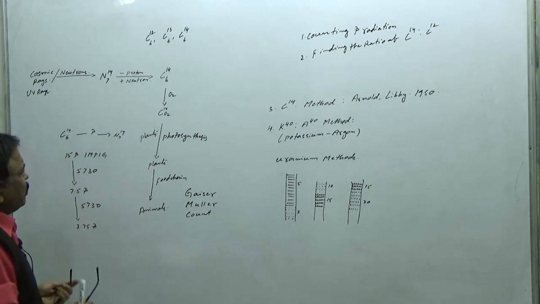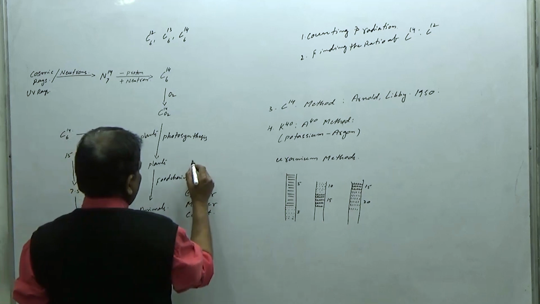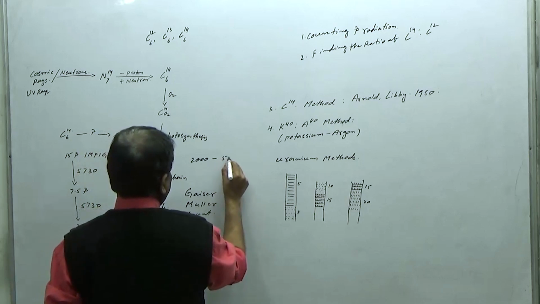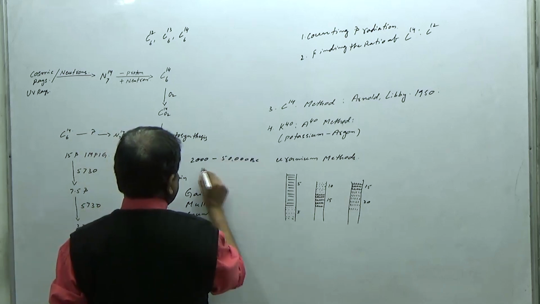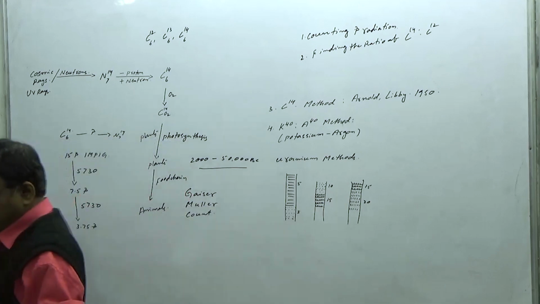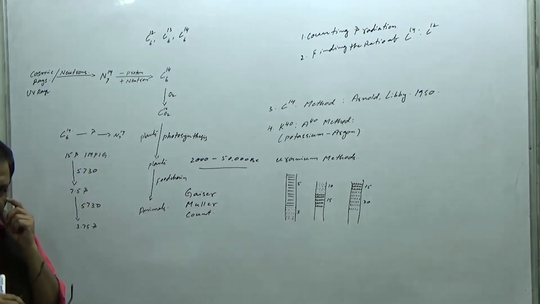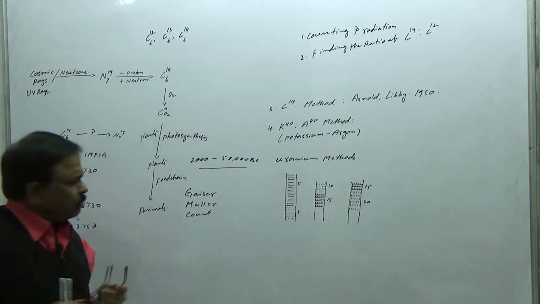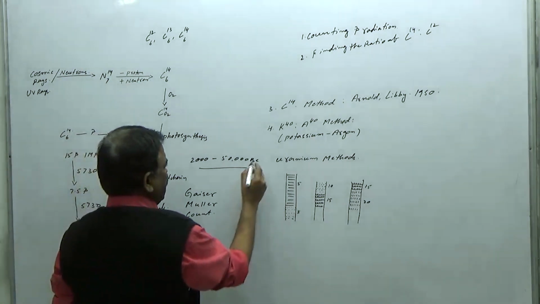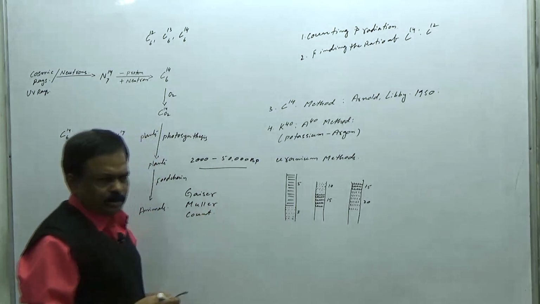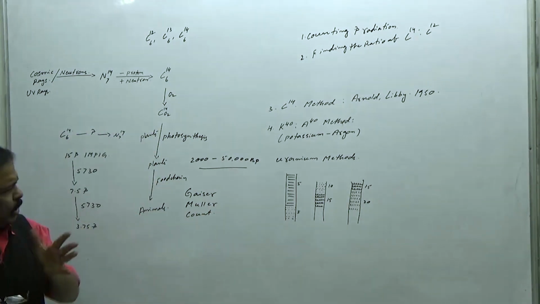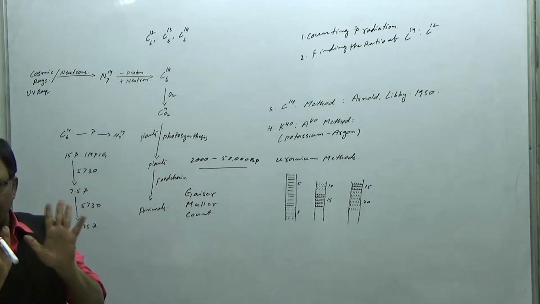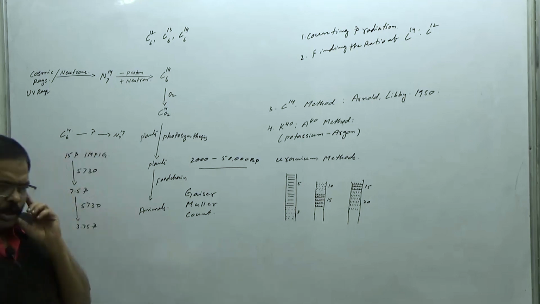But by using this method, one can analyze the age of a fossil only up to 50,000 BP, B for present. That means from 50,000 years back up to now only. If it is more than that, we can't say anything.